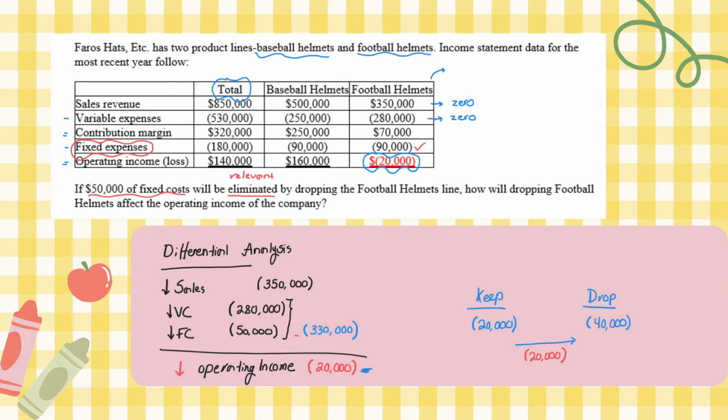If you drop this line, you're gonna avoid paying 50,000, so you're still gonna pay what is left, which is the 40,000. 90 less 50. This is the fixed cost that you need to pay even if you drop this line: 90,000 less the relevant or avoided 50,000 equals 40,000.